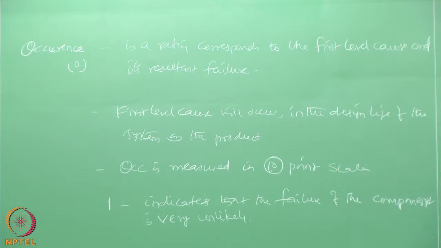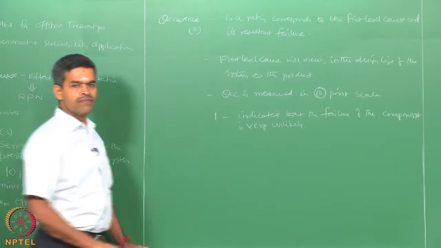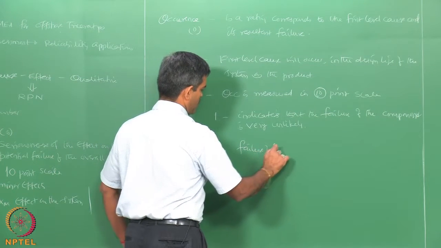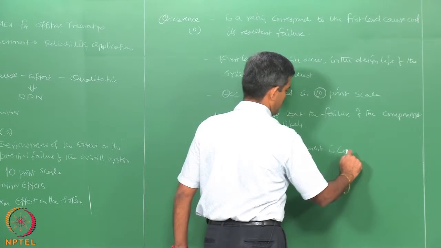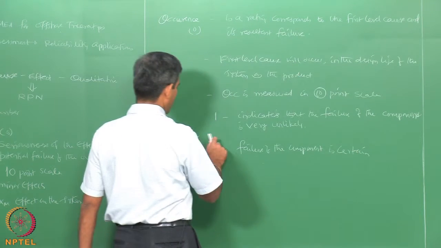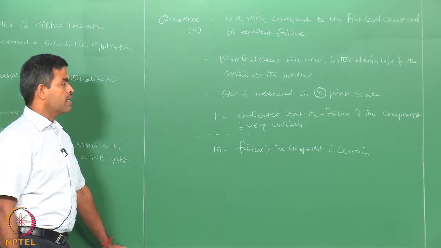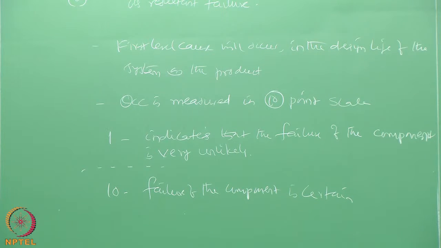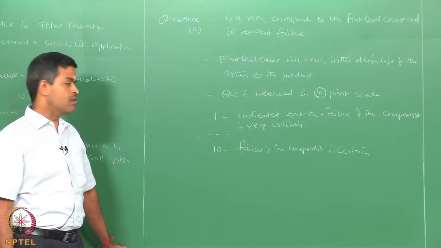It is designed in such a manner that the component will never ever fail. The probability of failure of this component is very, very low. So, we call that 1. 10 means failure of the component is certain. So, indicate a number between 1 to 10 on a 10-point scale, and assign accordingly a relative statement of the rate of occurrence of the failure of that component which can seriously affect the overall system failure.